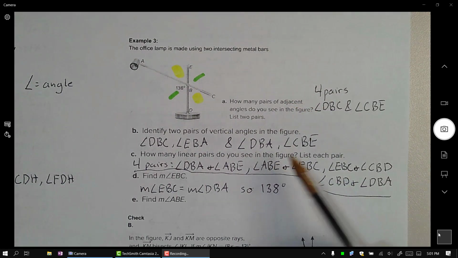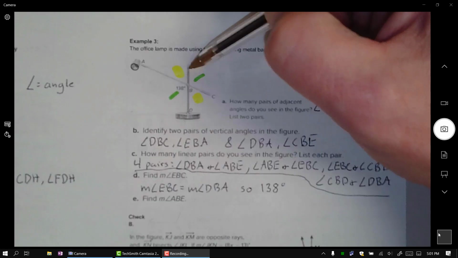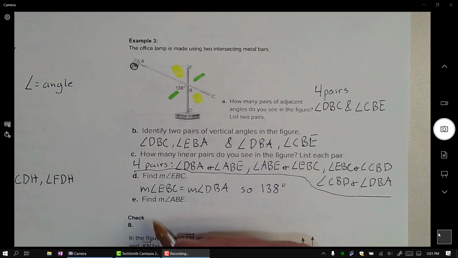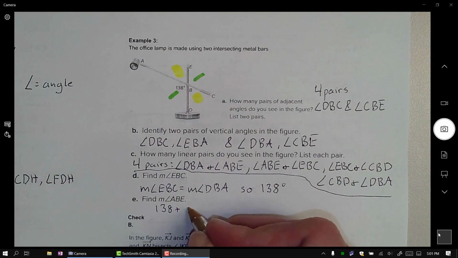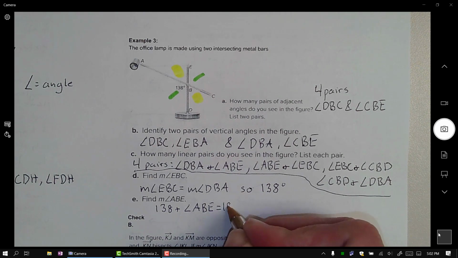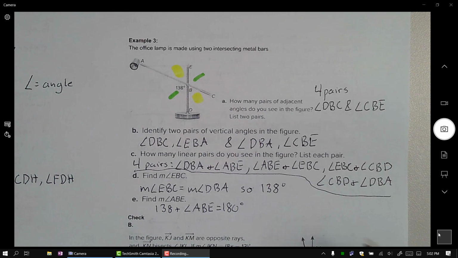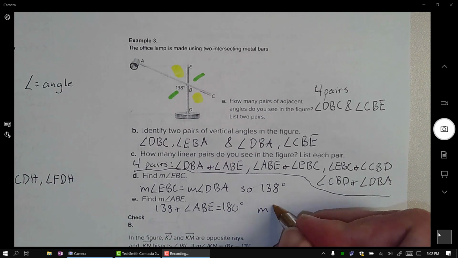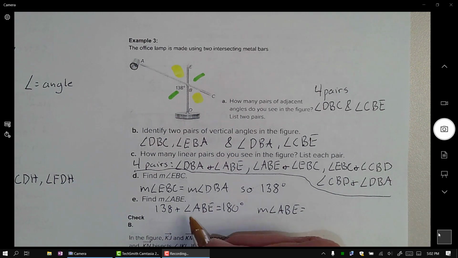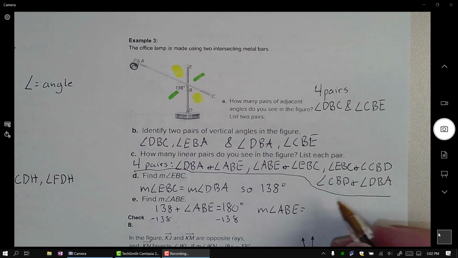Well, as we said right here, ABE and EBC form a linear pair. So we're going to have 138 plus angle ABE equals 180 degrees. So the measure of angle ABE will be 180 minus 138. So that's going to give us 42 degrees.